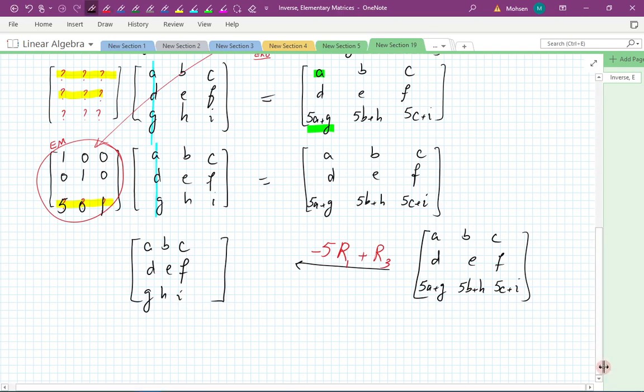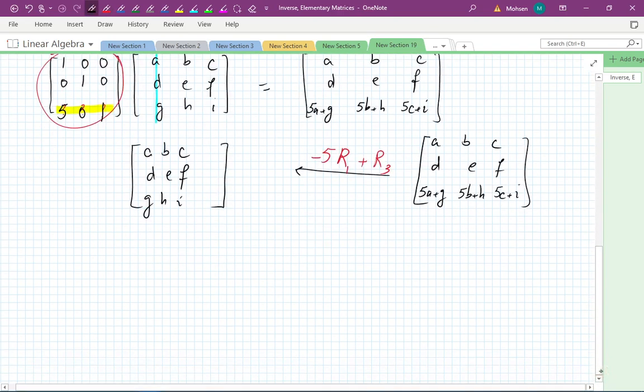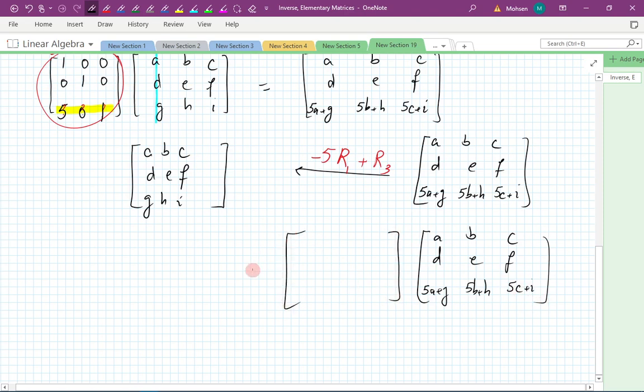Well, we ask the same question in the context of matrix multiplication. If I have A, B, C, D, E, F, 5a plus G, 5b plus H, 5c plus I, what should I multiply this thing with so that I go back to what I had before I changed the stuff? Well, of course, I want to get rid of this 5a. These two rows are untouched.